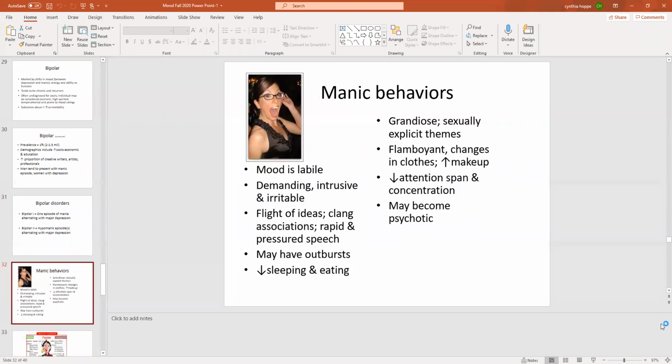Oh, here's our lady who is the life of the party, the manic behaviors. I'm going fast, intrusive, irritable. They may say things before they even think, and they can be condescending of other people. They don't need to sleep. They've got so much to do and they don't need to eat. And you'll see that a lot of times they can't sit to actually eat a meal, so we give things on the run.